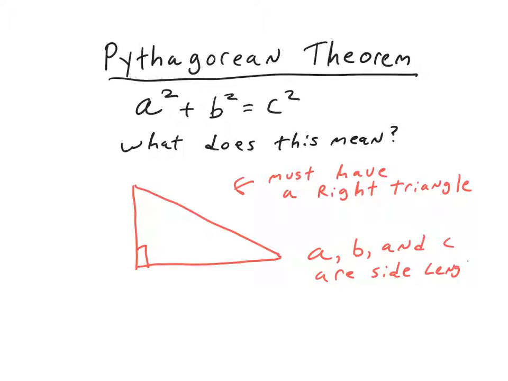So they're side lengths. Which is a, which is b, and which is c?